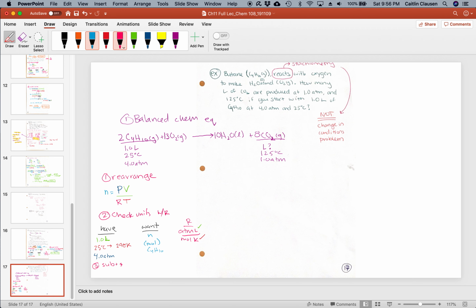If I substitute and solve, I get n equals 4.0 ATM times 1.0 liters, all of that divided by 298 Kelvin times the gas constant, which is 0.0821 ATM liters over mole Kelvin.